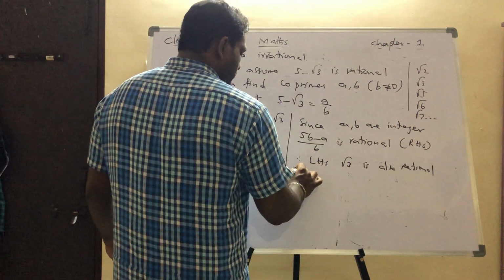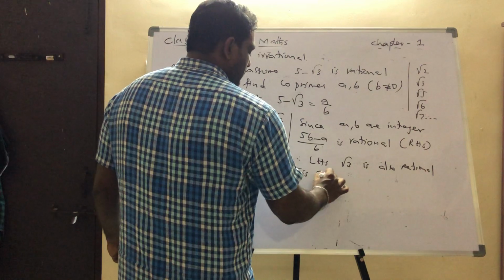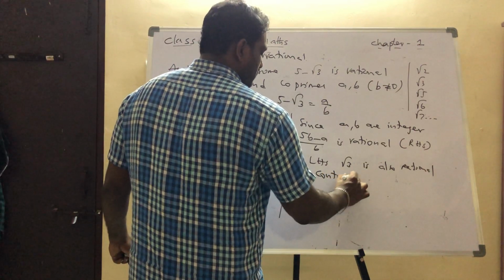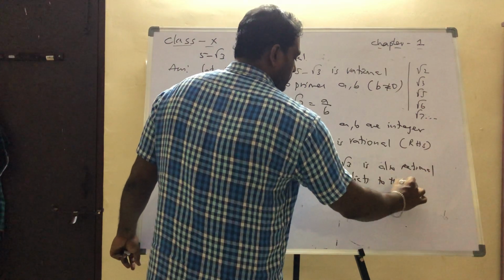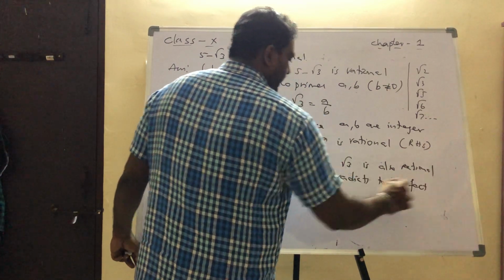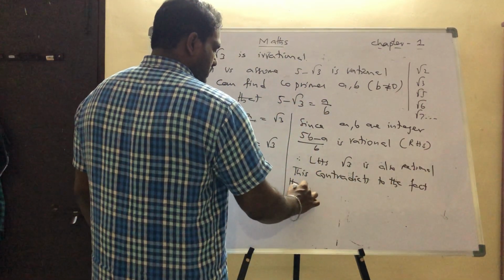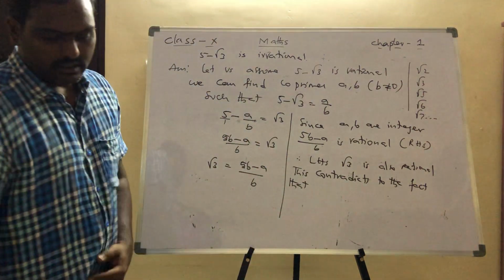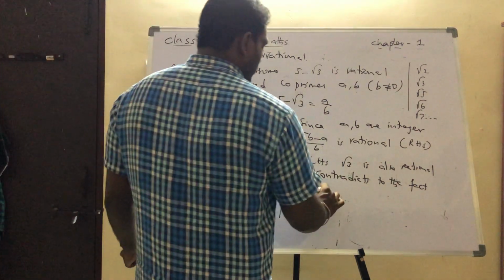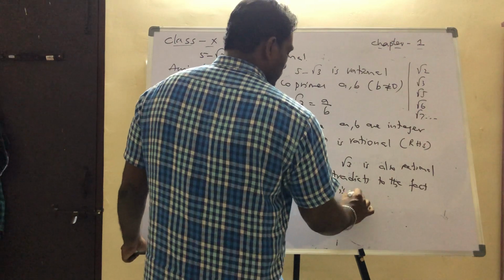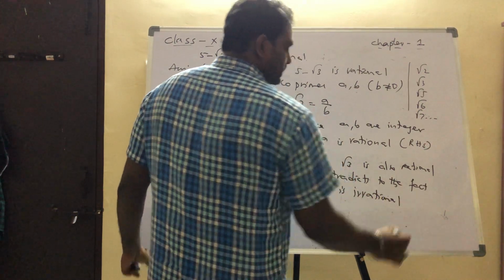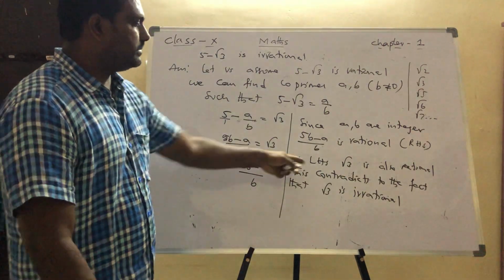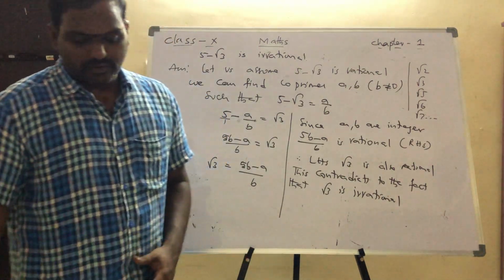This contradicts the fact that root 3 is irrational. Actually root 3 is irrational. But here what is coming? Root 3 is coming out rational.